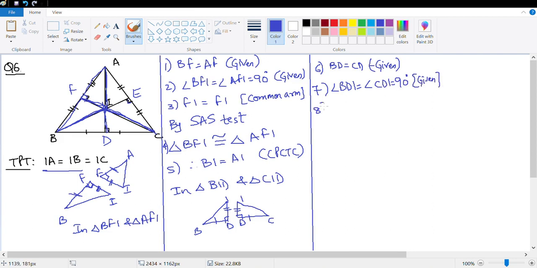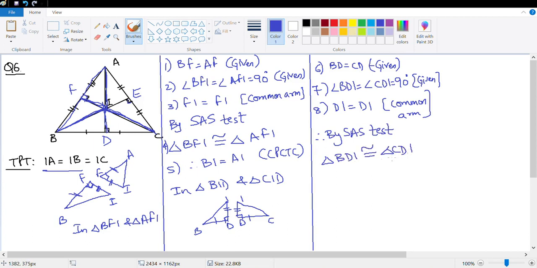And then the last part, DI is equal to DI, common arm. So then again the angle is included between the two sides. Therefore by SAS test, triangle BDI is congruent to triangle CDI. So this is my number 9, and number 10 will be BI is equal to CI.